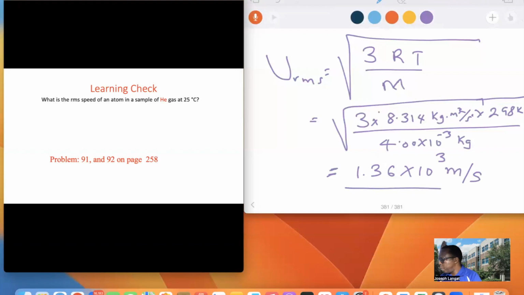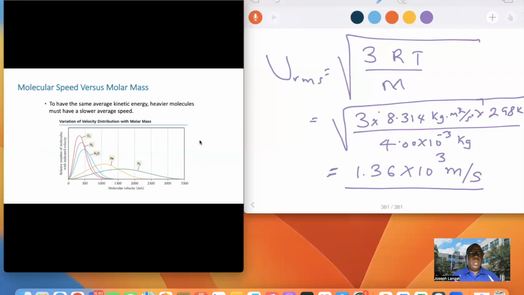This is the root mean square velocity or speed for helium gas at 25 degrees Celsius. So remember, if we increase the temperature, this value will go up as well. Like I said, look at page 258, problems 91 and 92. It asks you to calculate the root mean square speed of a sample of a gas. Let's see molecular speed versus the molar mass. All right.